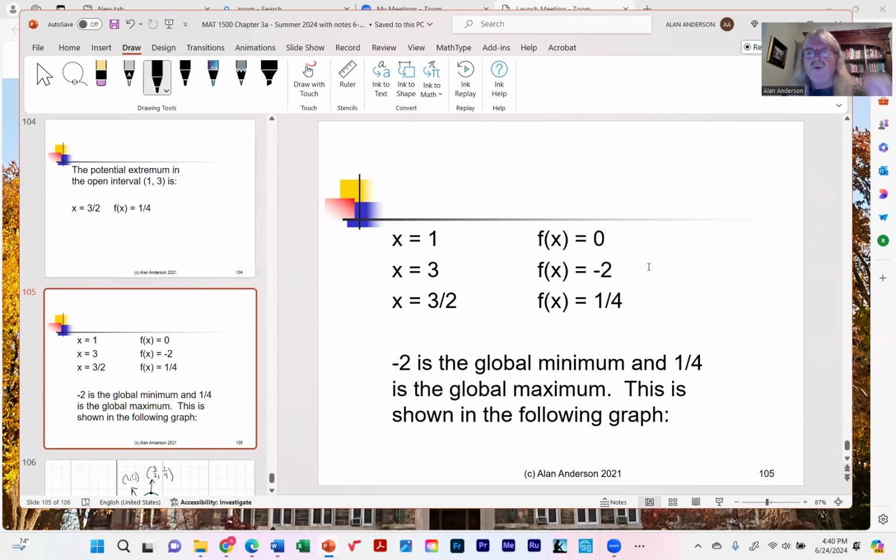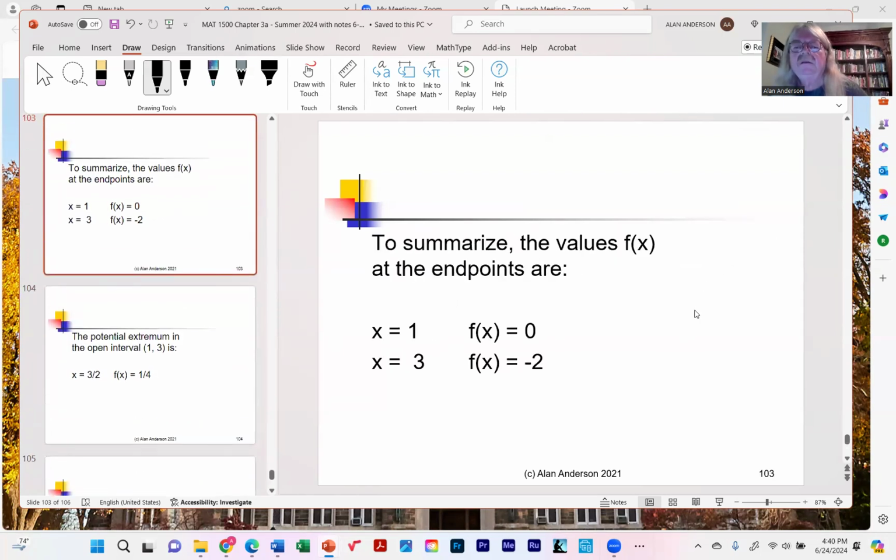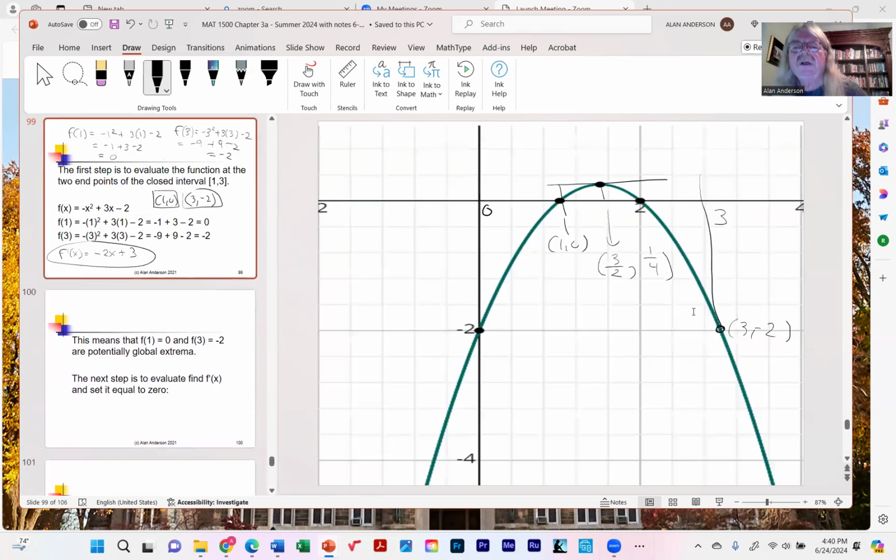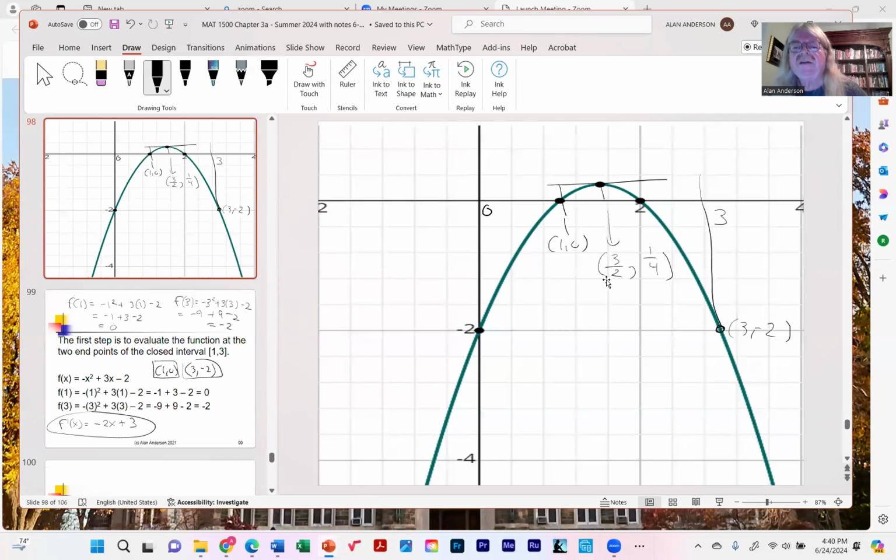Now, we don't have to check all the points in the interior. We only have to check the critical points and the two endpoints. There's the one, we have the critical point at 3/2, and we have the two endpoints. So among all of these, the smallest value of that y that we get is right here. So it implies this must be a global minimum. And then among all these points, the largest value of y is here, which implies a global maximum.